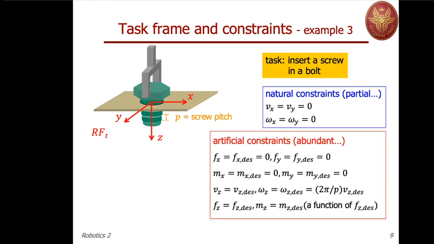Okay. What about the artificial constraints? Since the previous ones were partial, these at this stage are abundant, in the sense that there are some relationships among those quantities.